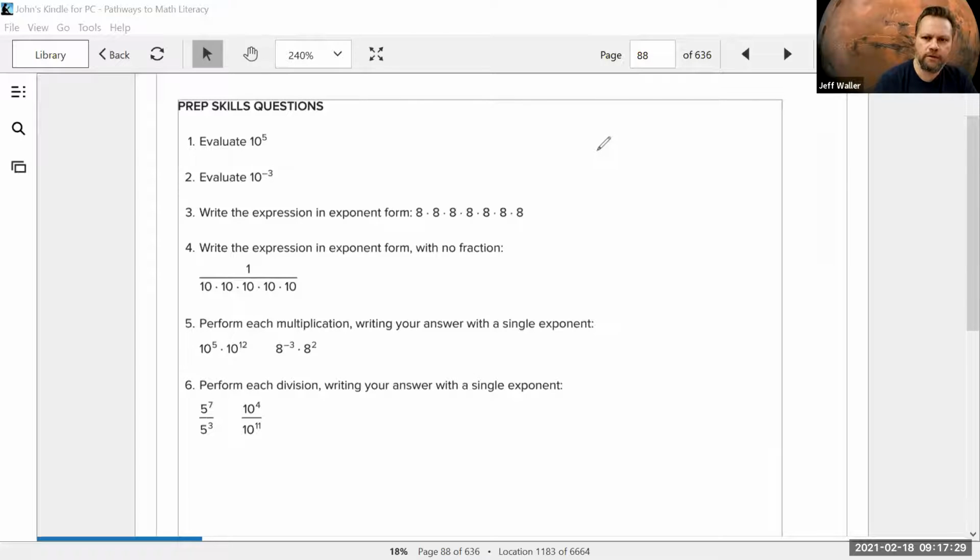All right. So anything to the 0 power is 1. And let me prove it to you another way. What's the only thing that I can multiply something by and it stays the same? 1.